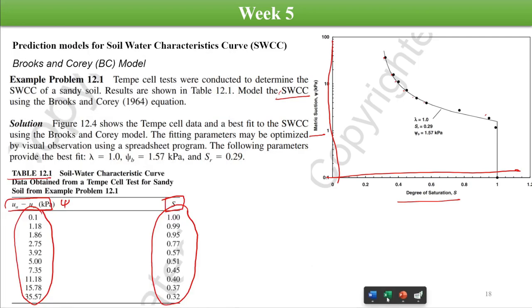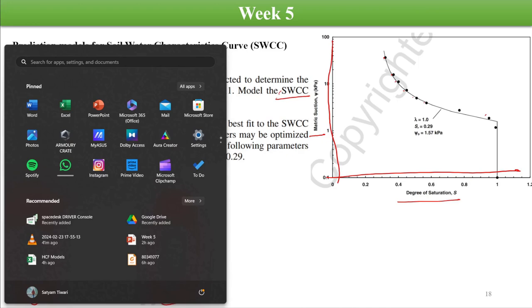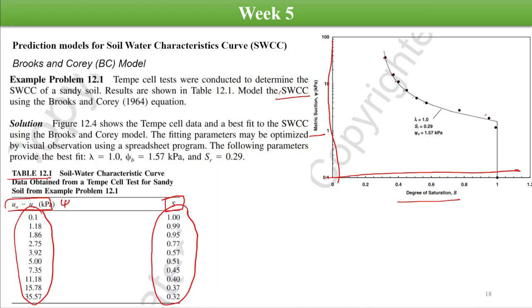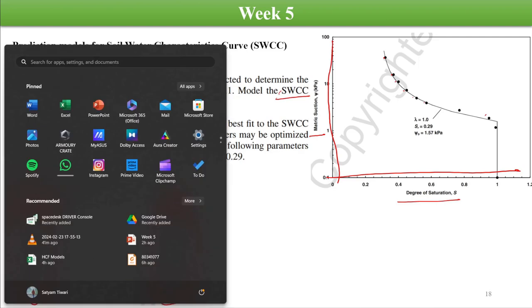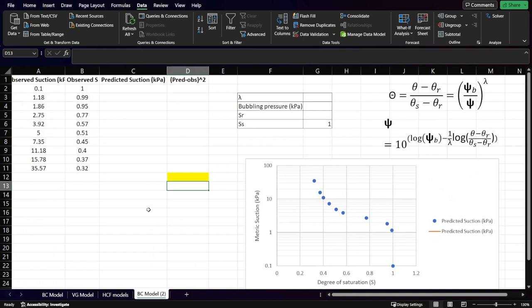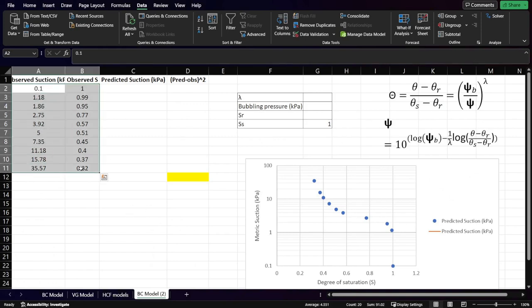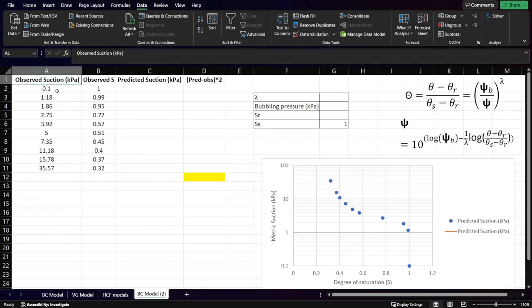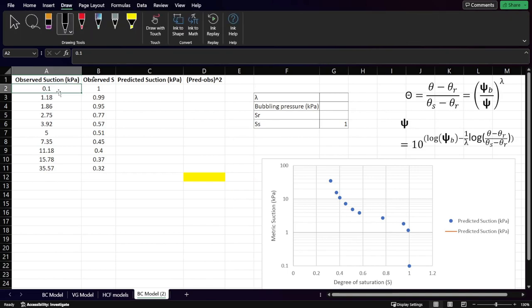Let's jump to the Excel sheet. I've noted down the values given in the question. This is the observed suction value, which is ua minus uw, and this is the observed value of degree of saturation.